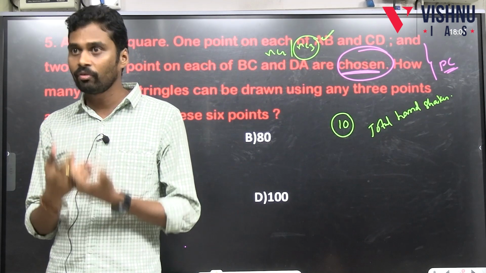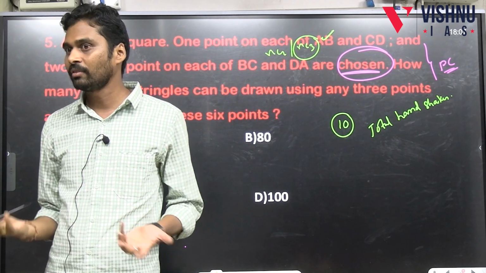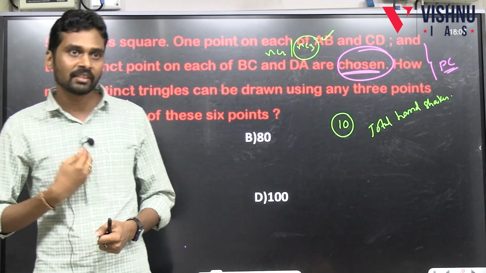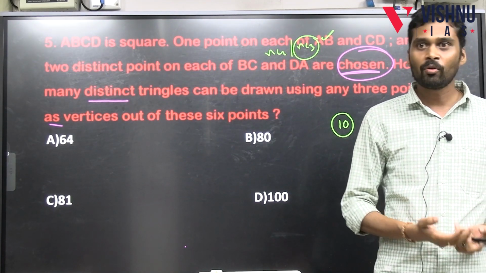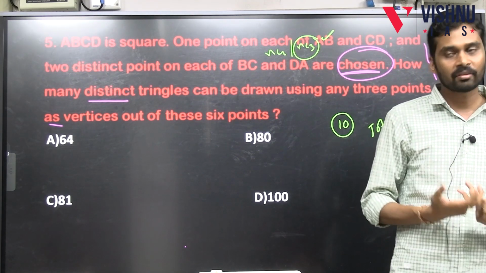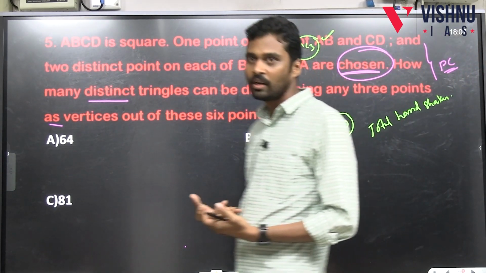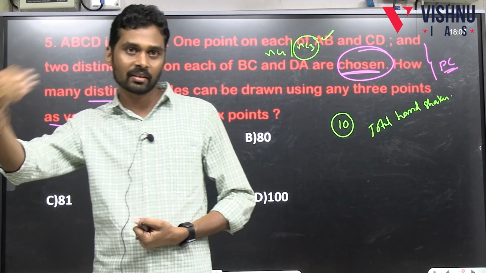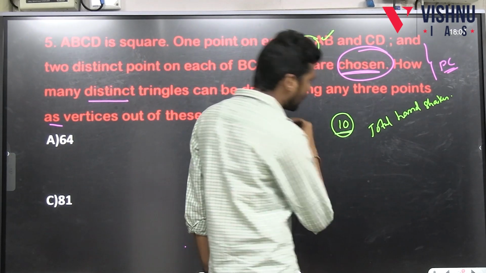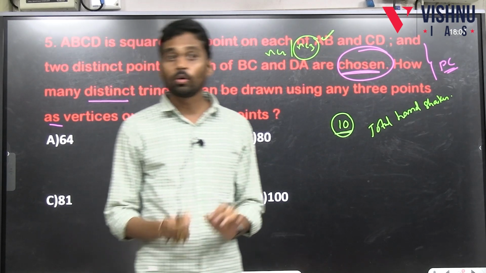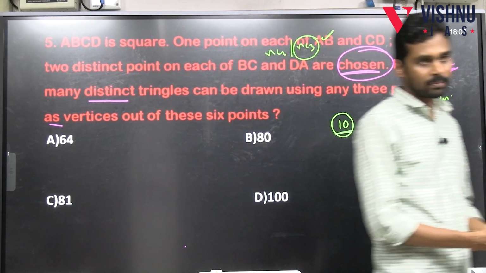Because if I don't give you the condition, any number of handshakes will be possible, right? If I like somebody, I will give handshakes any number of times. If I don't like somebody, I don't need to give handshakes. That's why we take that condition. I repeat, if there are 10 people in a party, how many total handshakes are possible in that party?